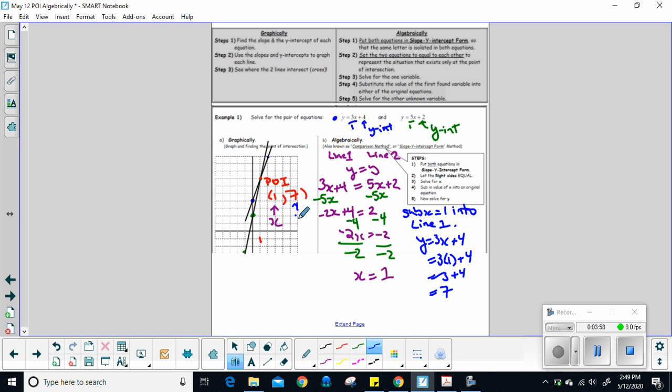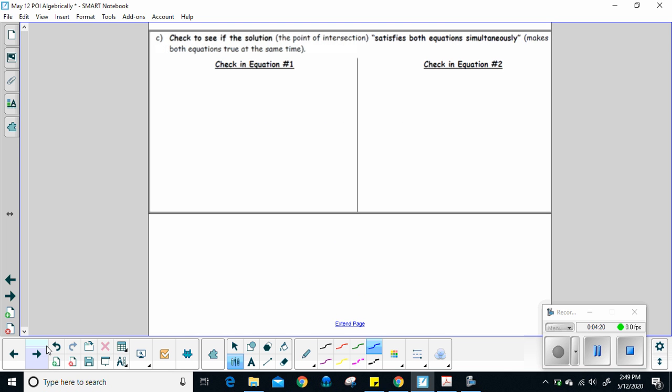Y was 7. Oh, we got it right! Perfect. Therefore, 1, 7 is the point of intersection. And the point of intersection is the solution. Awesome.